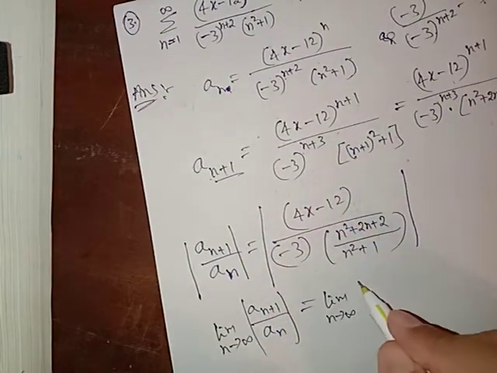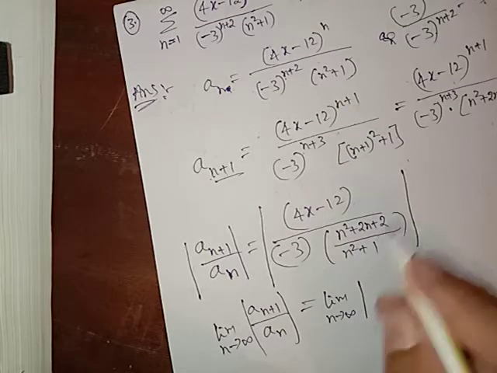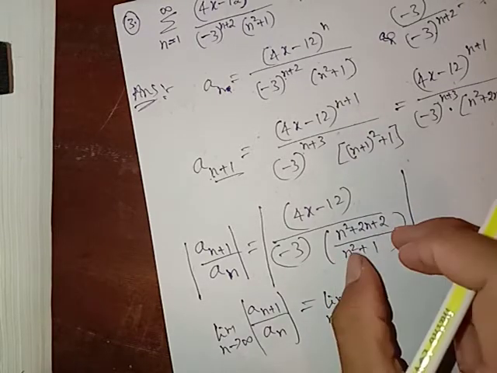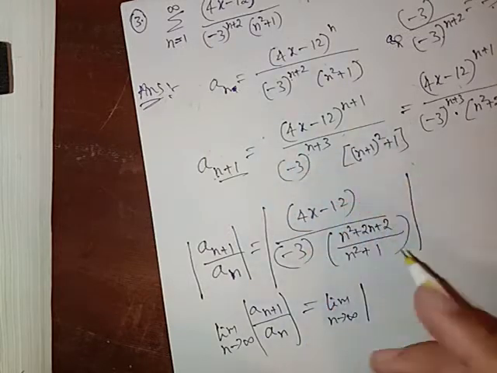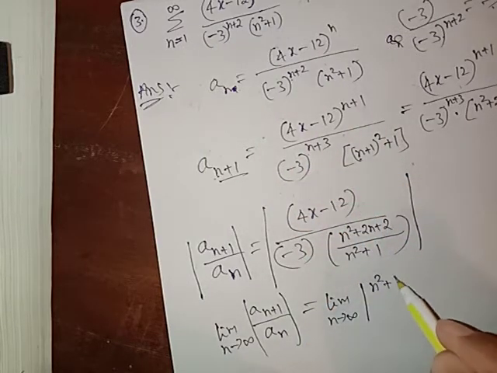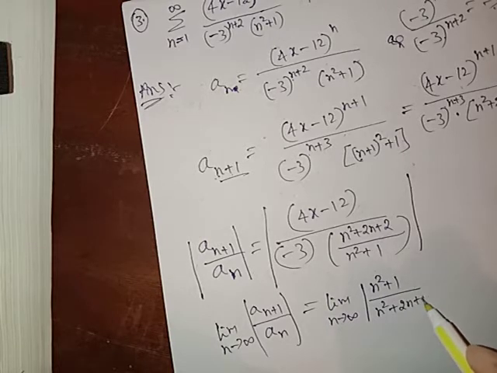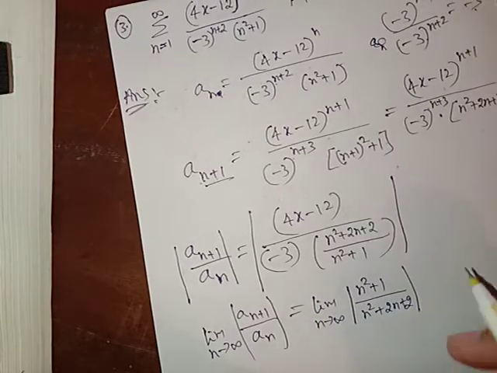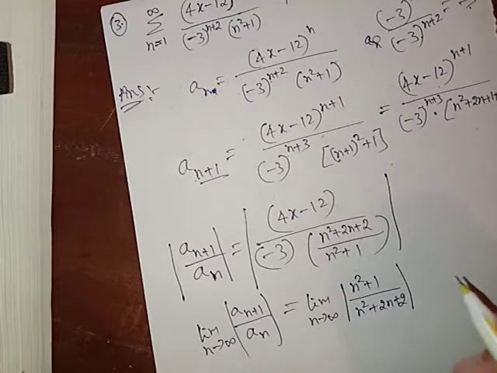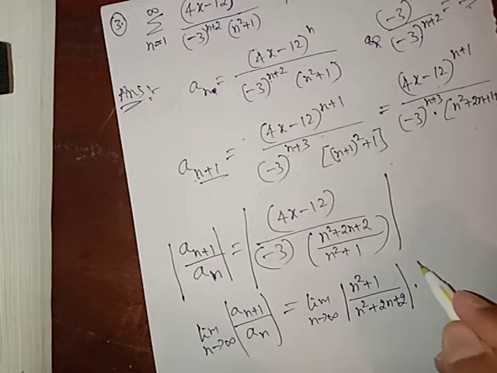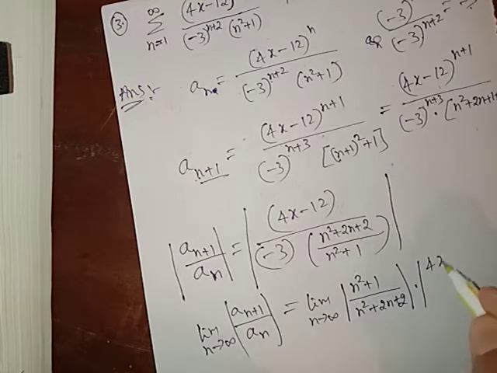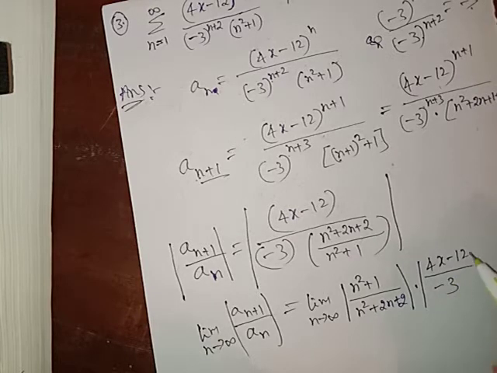We can take n^2+1 divided by n^2+2n+2, into (4x-12) divided by -3.